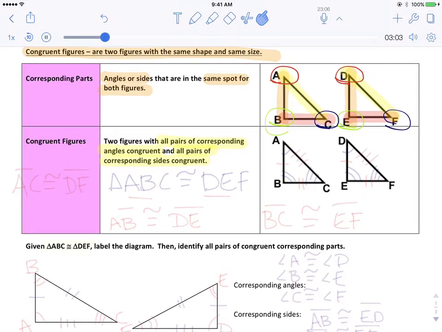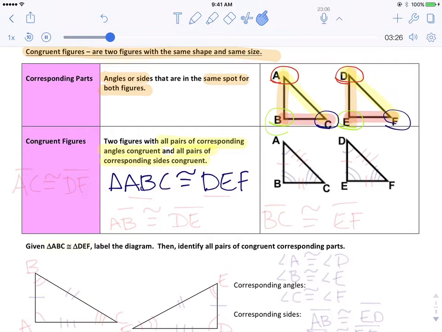If I know that triangle ABC is congruent to triangle DEF, we can tell which parts of the triangle are congruent to each other by the order in which those triangle names are written.